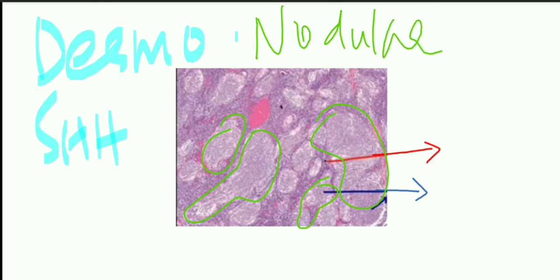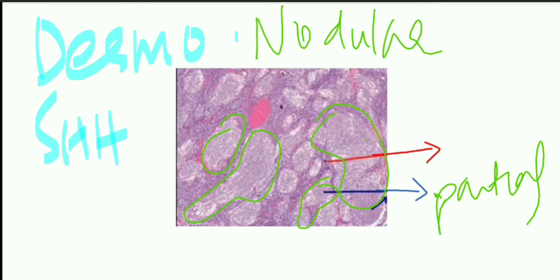So this is the desmoplastic variant, which is related to the SHH molecular subtype. The pale area is forming some nodules like this, so it is also called the nodular variant or desmoplastic variant. This pale area has partial neuronal differentiation.